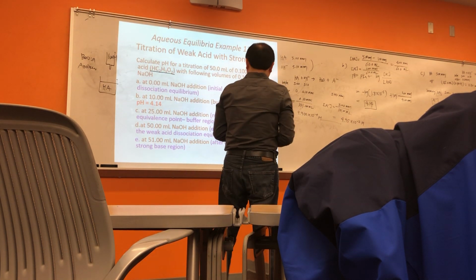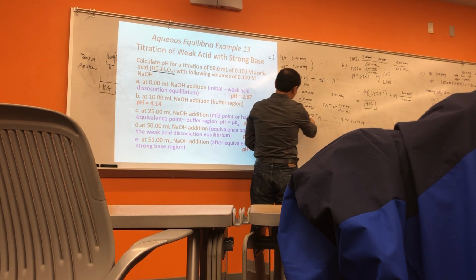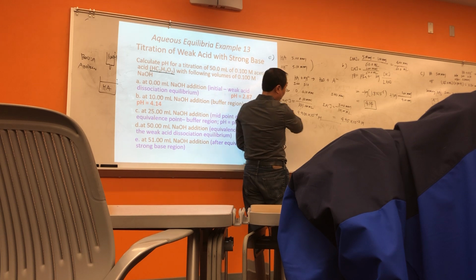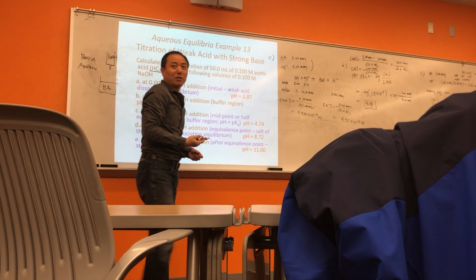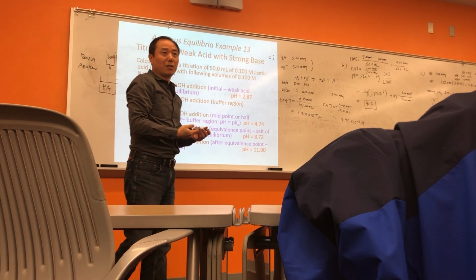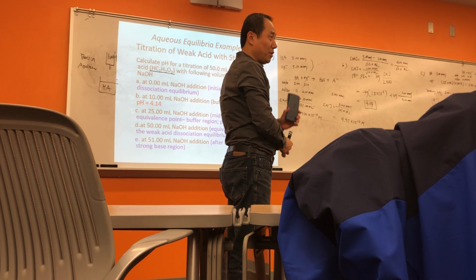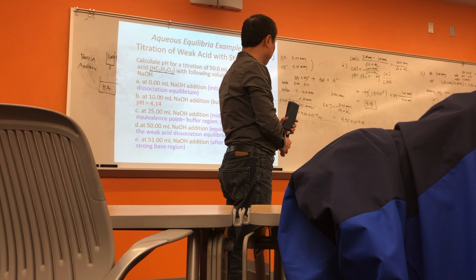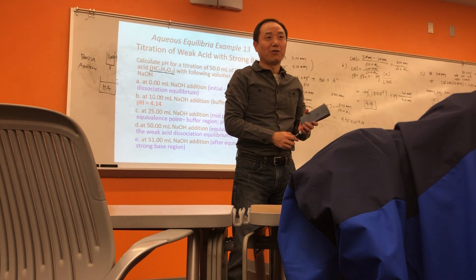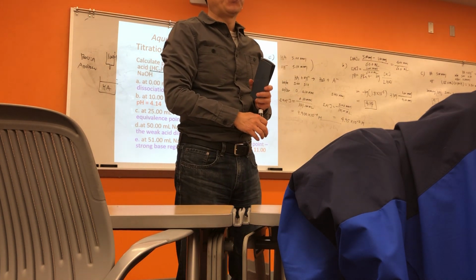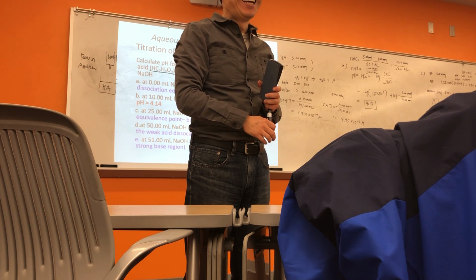Which one is more important between the two? In this solution, you have a little amount of strong base and a lot more weak base. Which one will come into the pH? What do you think? You're right, because I used that one and I got the right answer.